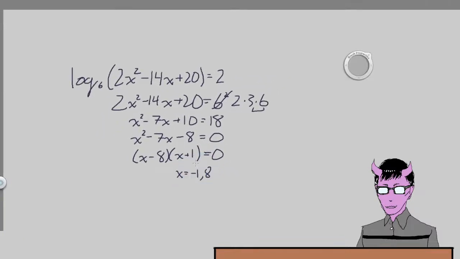Are these valid answers? If we plug in -1 here, it becomes positive, so this whole thing becomes positive, which is a valid situation. So -1 is a good answer. Consider 8 now. If we plug in 8, we get a whopping 64 times 2, which is 128. And then 8 times this one is 80, 112.